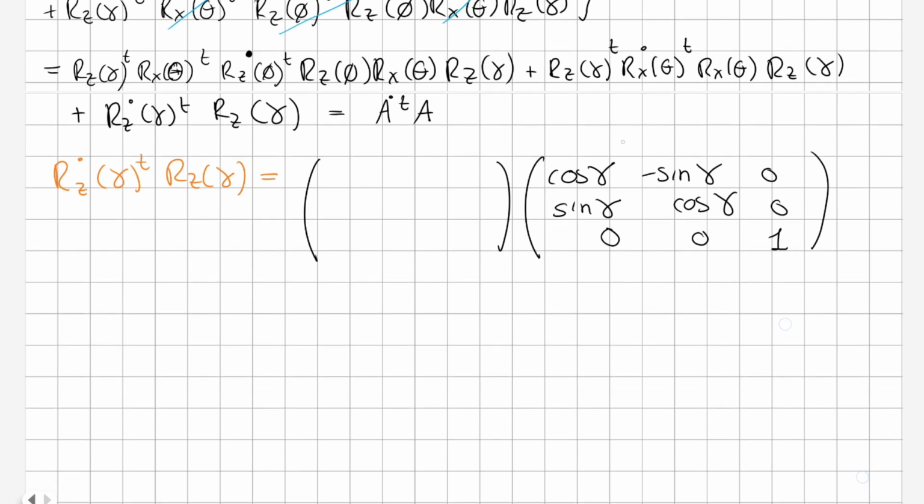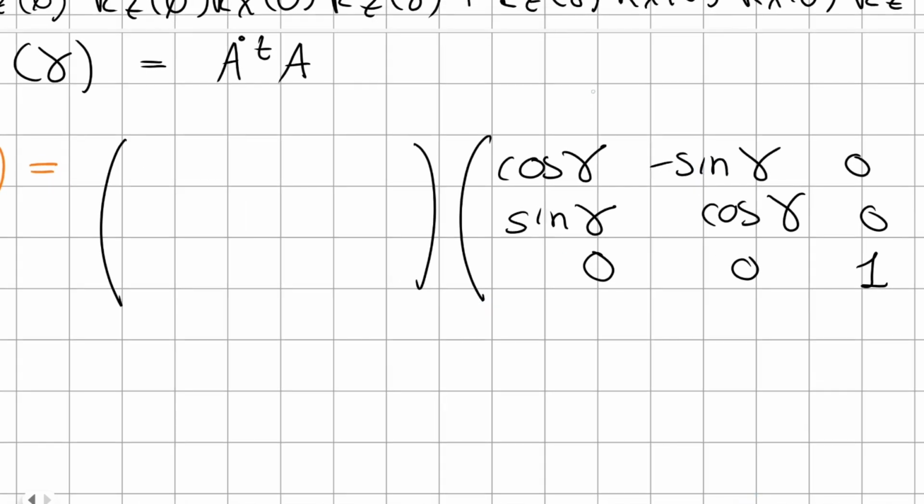What are we going to get? When we take the derivative of each element of this, by the chain rule, we are going to get a gamma dot. Remember, if you take the derivative of the cosine of gamma with respect to time, we get minus sine of gamma times the derivative of gamma with respect to time, but that is gamma dot. And we are going to have that in every one of these four terms.